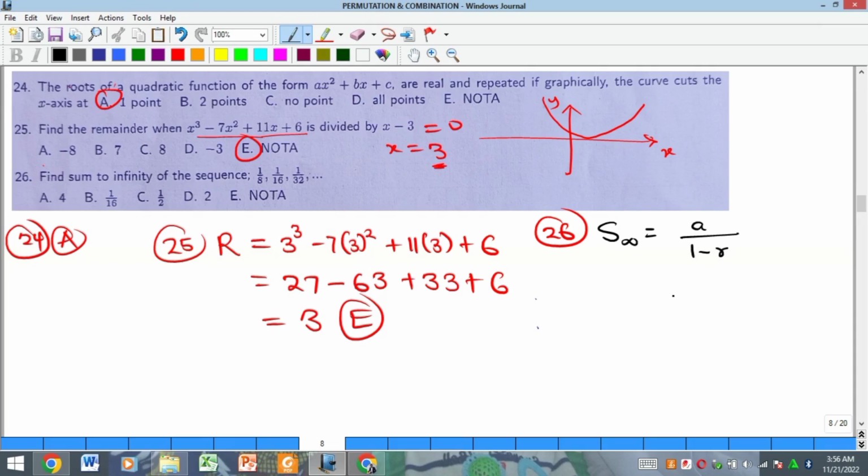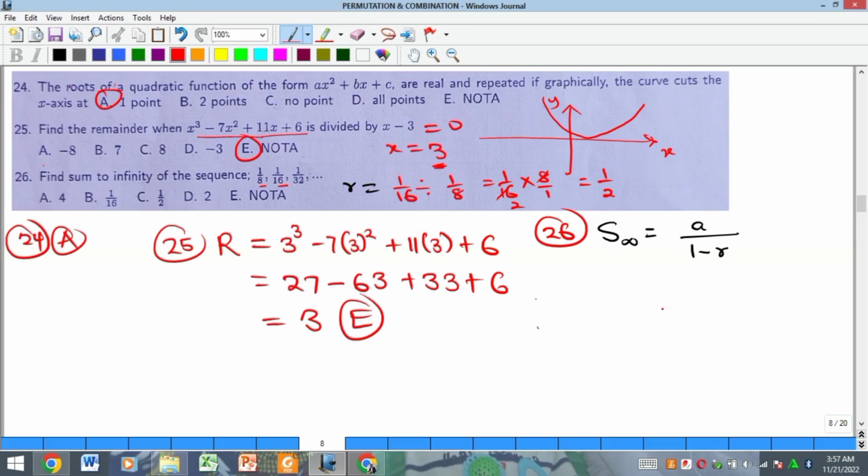How do we get our r? Our r is always equal to a term divided by the previous term. So we can use 1 over 16 divided by 1 over 8. And I can have this as 1 over 16 times 8 over 1, which will give me 1 over 2 if this cancels this.